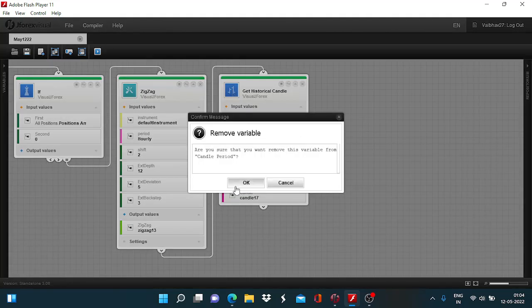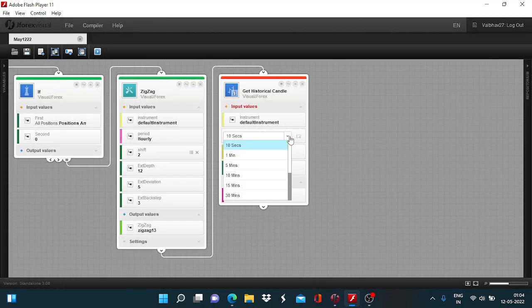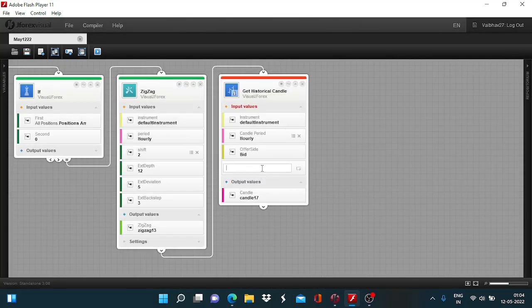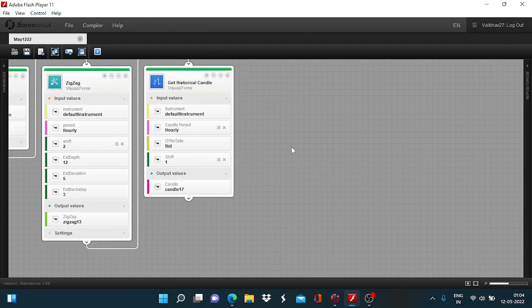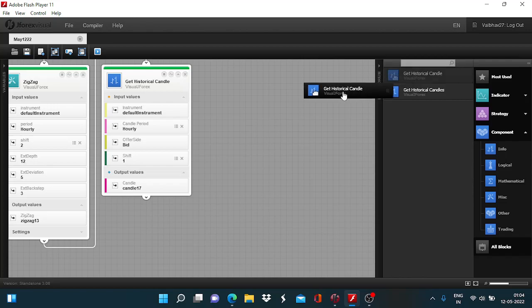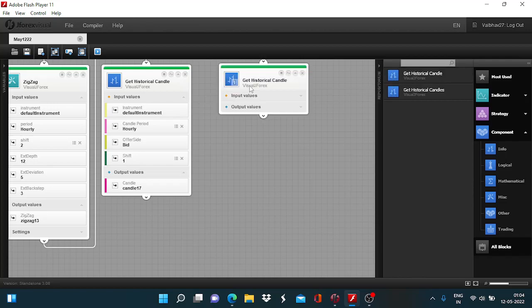Here I will change this to hourly with the look back period of 1. And another one will be added with the look back period of 2.